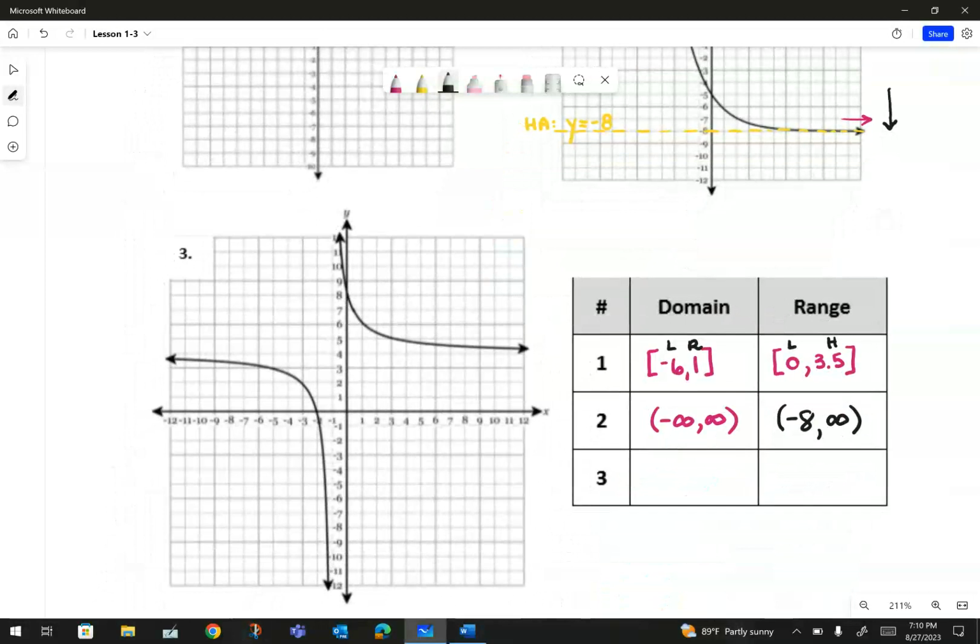Okay, now this one right here is another function. I want you to make sure you understand how to identify rational functions. Rational functions have two asymptotes. They have horizontal asymptotes, HA, and they have vertical asymptotes.